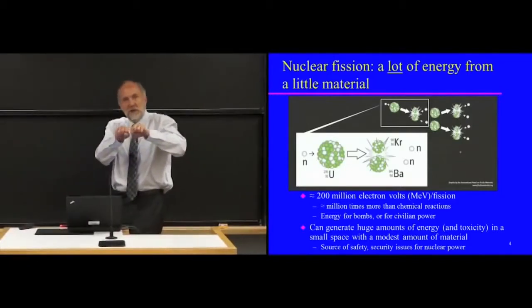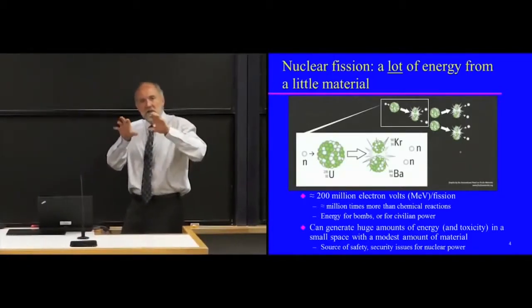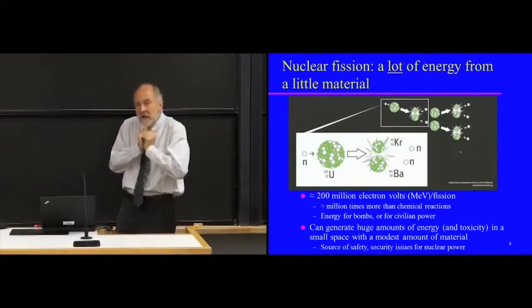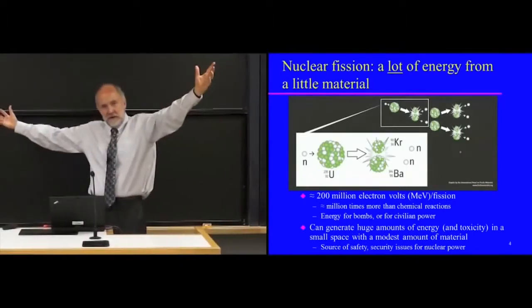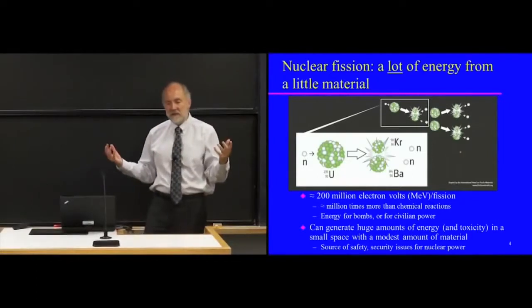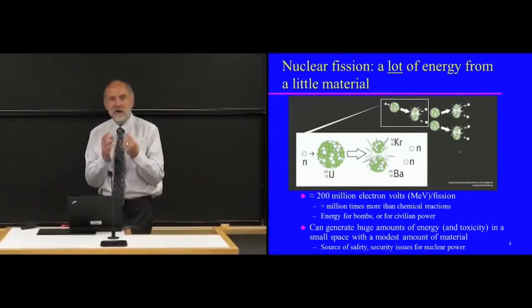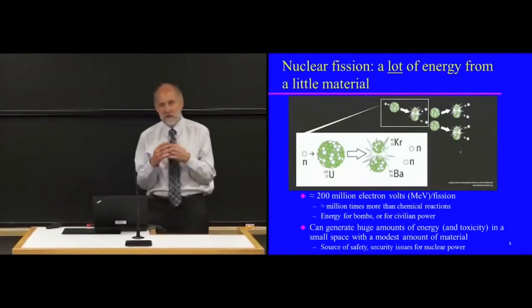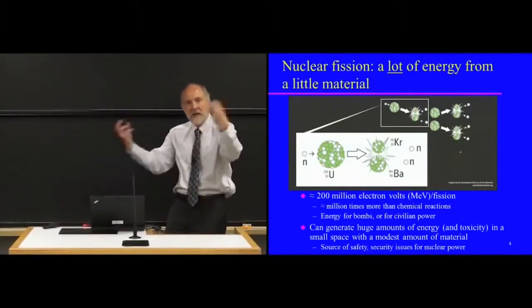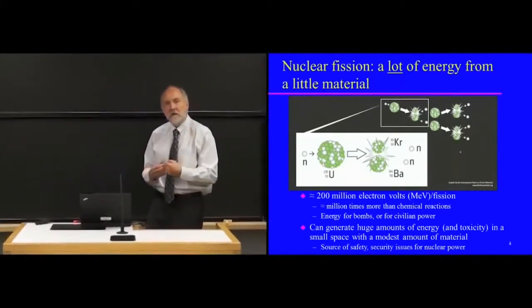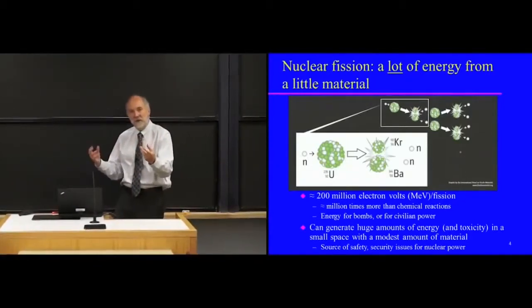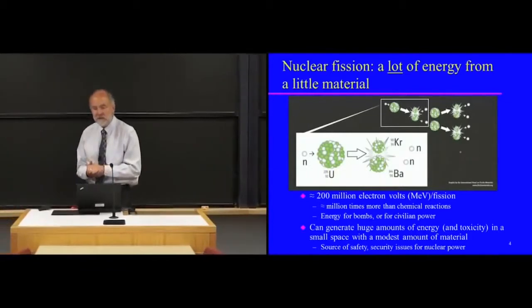But once it splits, you've got two halves that each have a lot of positive charge, and so they go flinging apart at extreme speeds. That's where a lot of the energy that is released in a nuclear reaction comes from: the kinetic energy of motion of what are called fission products, the products of fission when that atom splits.